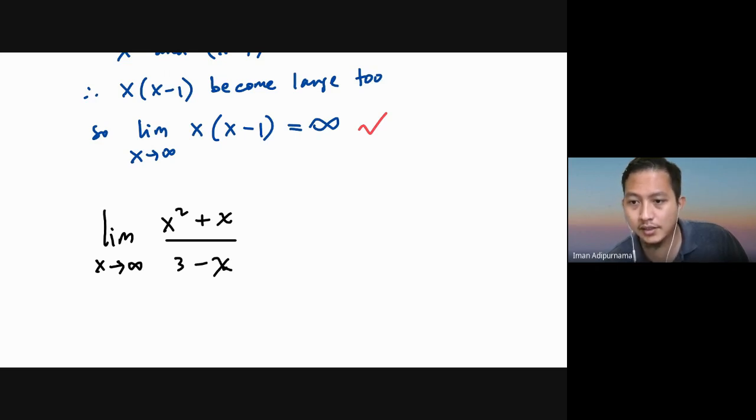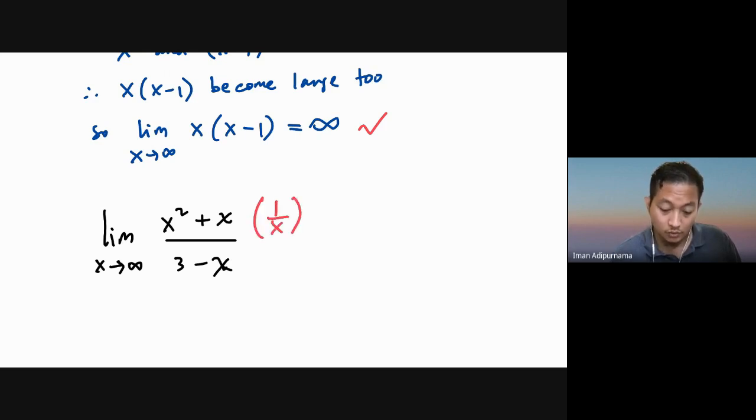Yes, Helen. Sometimes the question asks for the reason, and you need to at least explain the reason. Okay, let's divide by x, or multiply with one over x for both sides, and let's see what will happen.